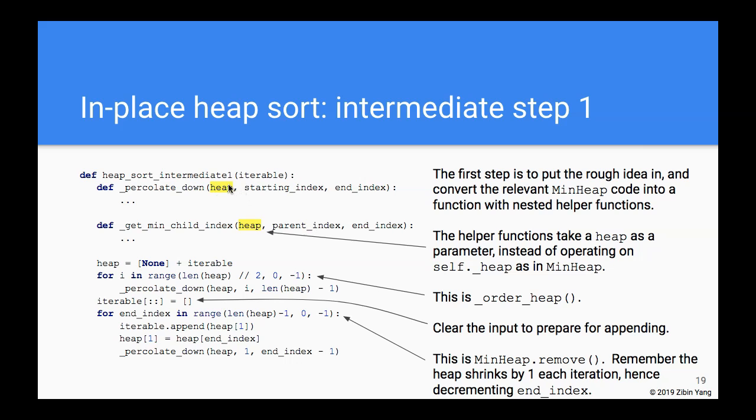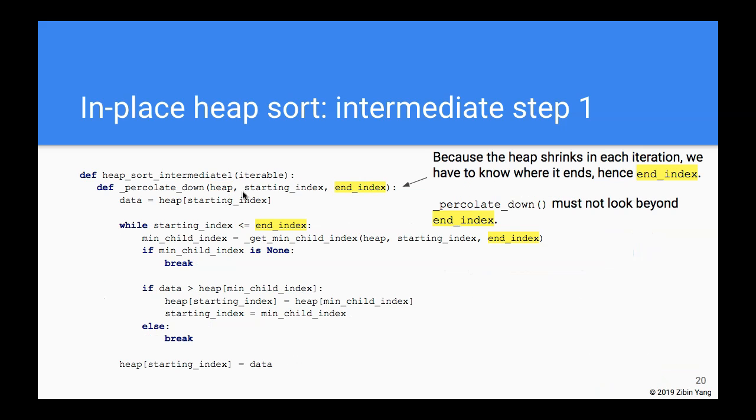Now if you look at the changes we have to make to percolate down: percolate down used to work on the entire input, right? But now, because over time the heap is going to shrink, we don't always work on the entire input, so we have to know where to end. That's why we have an extra parameter to percolate down, the end index, and instead of going all the way to the length of the iterable, we end at the end index.